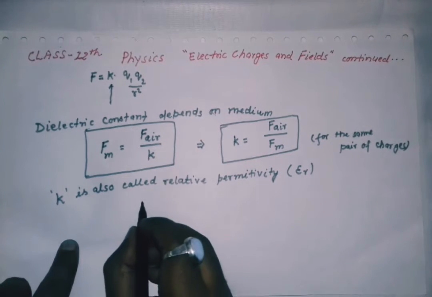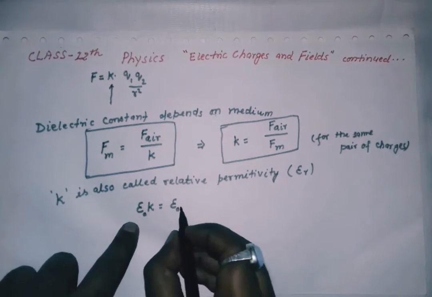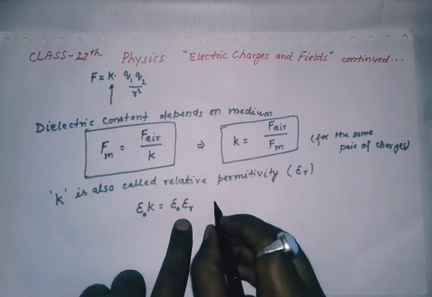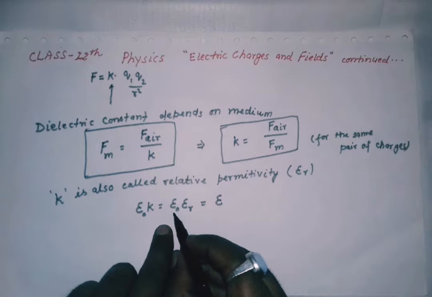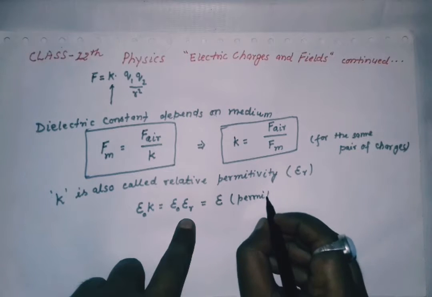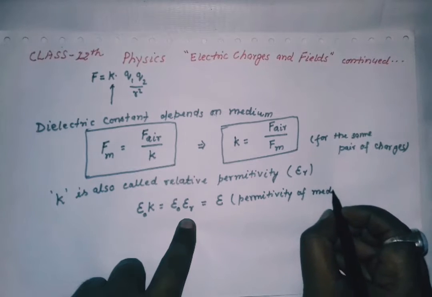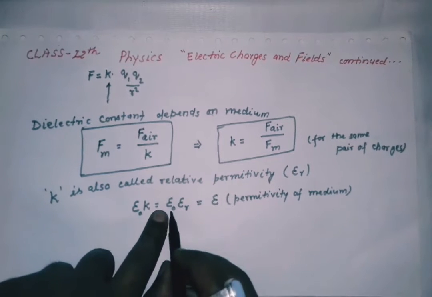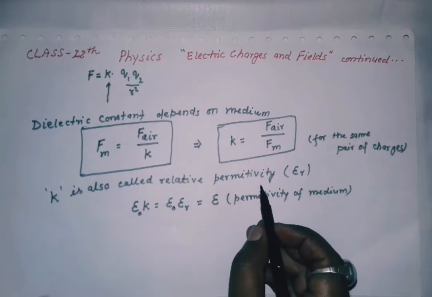So permittivity in free space multiplied by K, where K equals epsilon r, gives epsilon naught epsilon r equal to epsilon. So this epsilon equal to epsilon naught epsilon r defines the permittivity of the medium. So the permittivity of the medium equals the permittivity of free space multiplied by the relative permittivity.